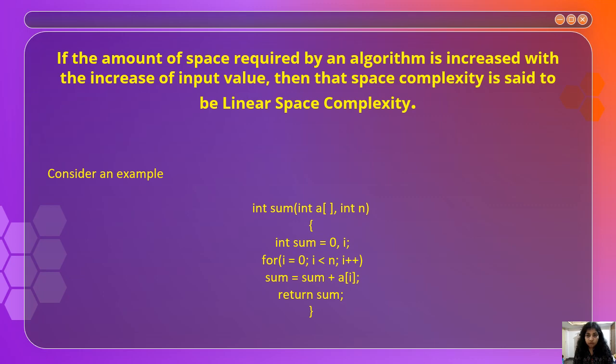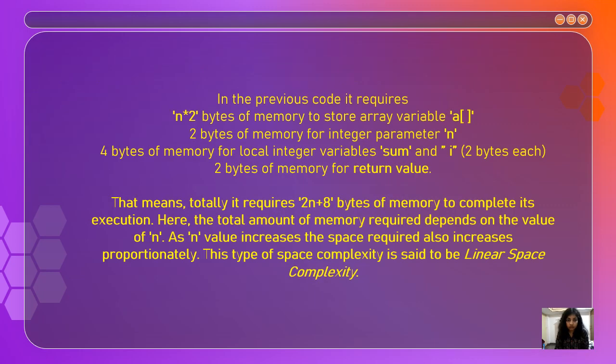Then the function is going to perform a sum of n numbers. In this code, it requires n into 2 bytes of memory to store the array variable and 2 bytes of memory to store the parameter n, then 4 bytes of memory for local integer variables sum and i, 2 bytes each, and 2 bytes of memory for returning the value.